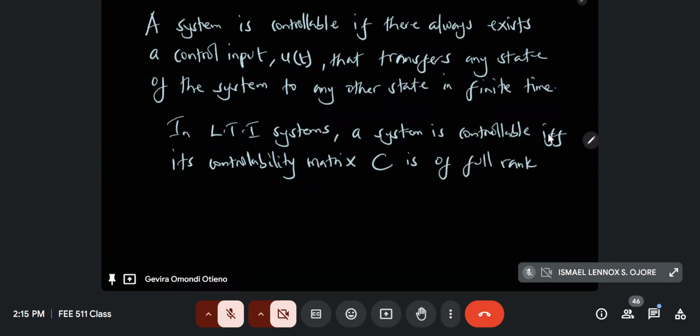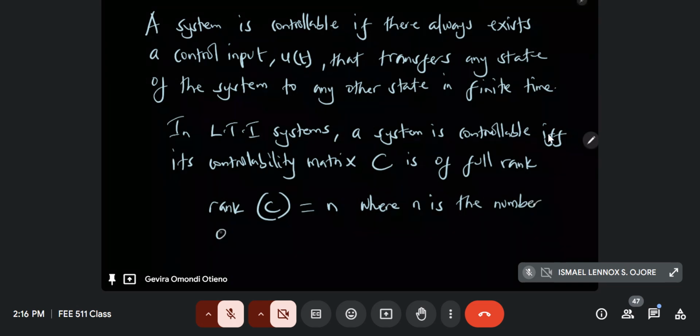So when you say that a matrix is of full rank, that means if you get the rank of the controllability matrix C, you should find the value n, where n is the number of state variables.